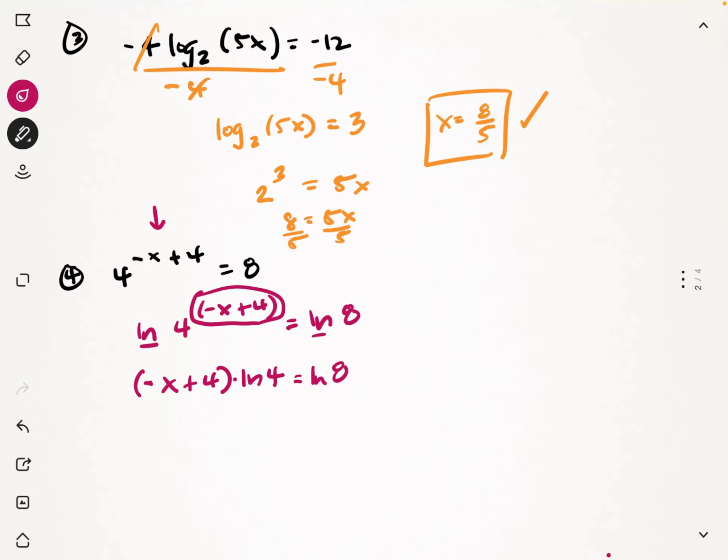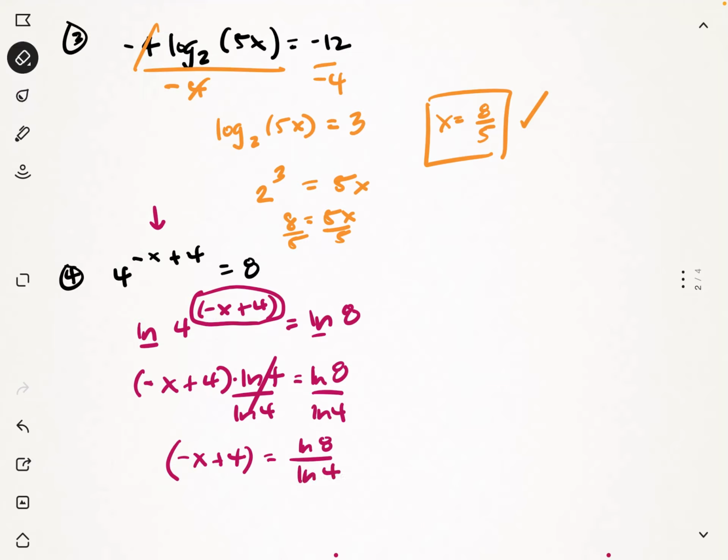So we're going to divide by ln 4 on both sides, so that cancels. And then we have negative x plus 4 equals ln 8 divided by ln 4. We actually don't need the parentheses anymore, so I'm going to erase those because there's nothing outside acting on it, no multiplications or divisions or anything.